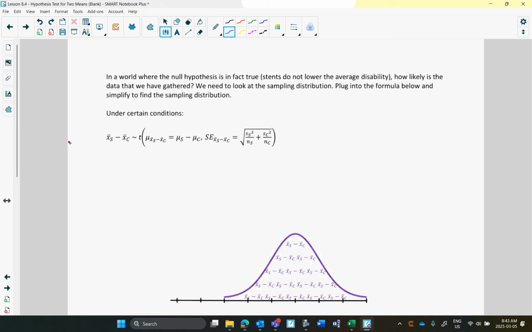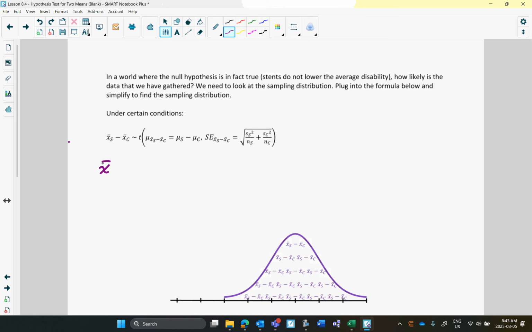So notice this is basically the same as what we did yesterday when we did the confidence interval for two means. When we did proportions, we had to calculate a new combined proportion. We don't have to do that for means.